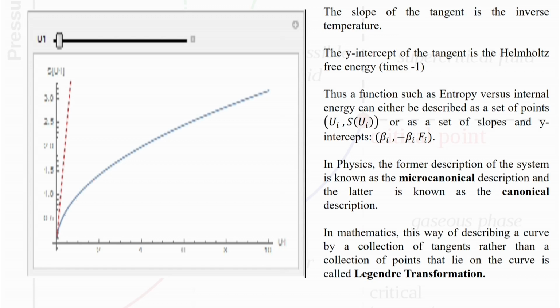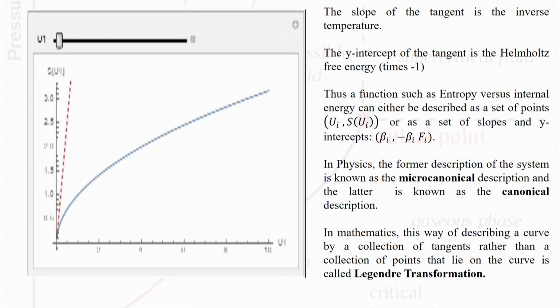But what is the physical meaning of the slope here? The slope is just the inverse temperature, and for the y-intercept, I have just given you a new interpretation, and that is minus beta times Helmholtz free energy. So what you are doing in essence is specifying a straight line by a pair of numbers. The first entry in that pair is the inverse temperature, the second entry is Helmholtz free energy divided by minus T, which is temperature with a negative sign.